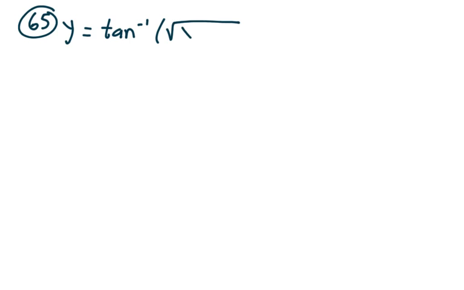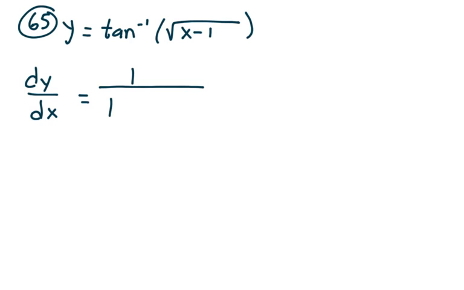Let's take a look at 65. Suppose y equals the arctangent of the square root of x minus 1. Now, I want to find dy dx. So this is going to be 1 over 1 plus the inside function squared.